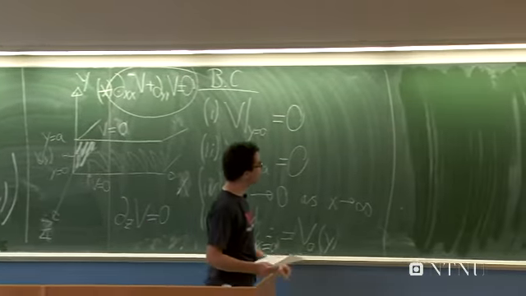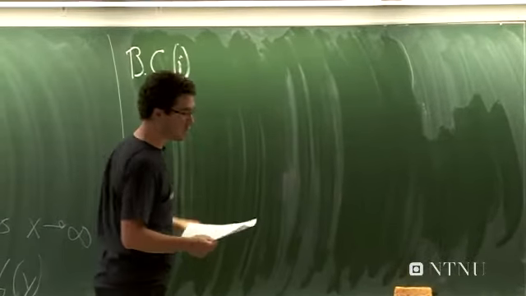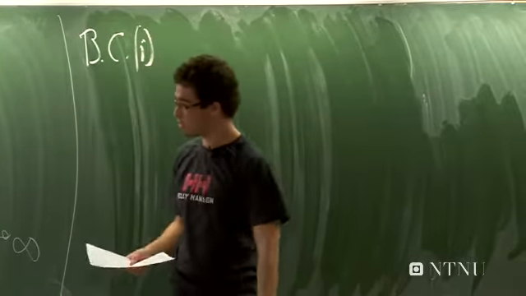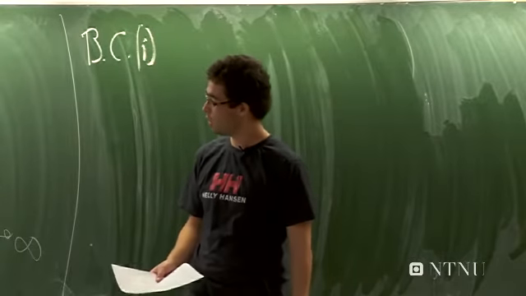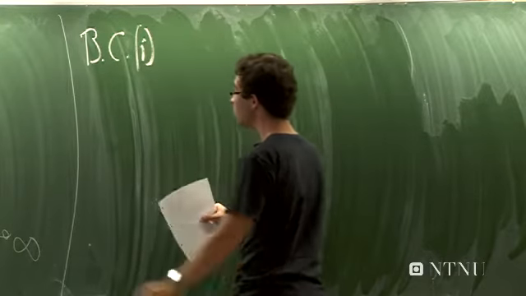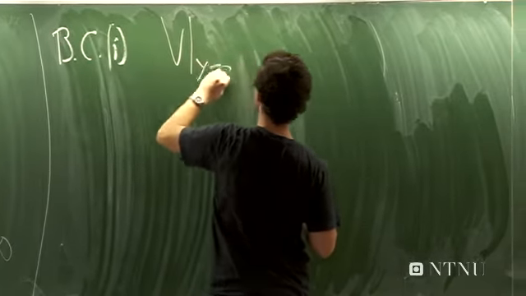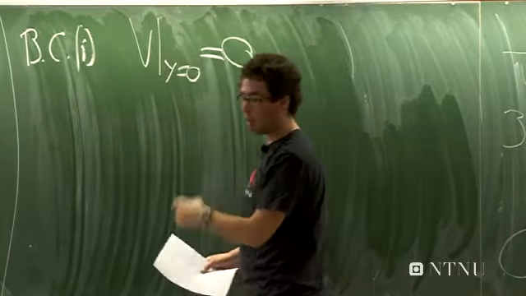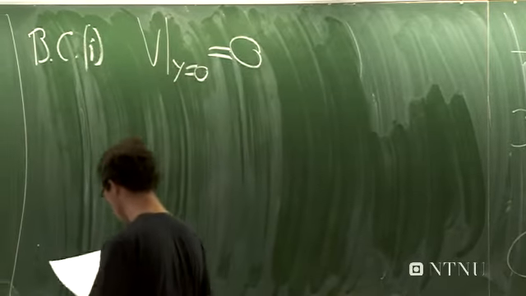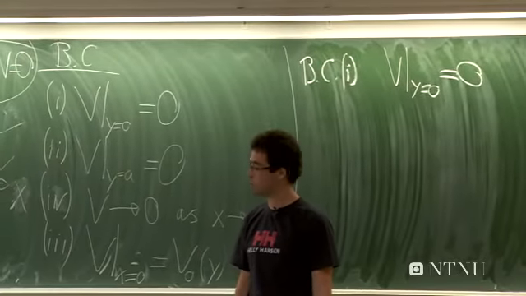So now, let's look at the first boundary condition, that the potential should be 0 at y equals 0. So that's the boundary condition. And well, you all know that cosine of 0 is 1.